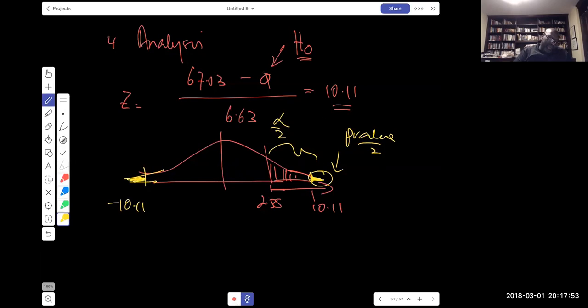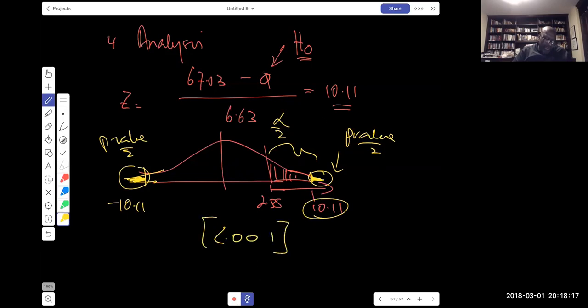So whenever it's a two-tailed test, we must take this area multiplied by 2. We know that the area associated with this in our tables, the best we could find is less than 0.001. Which means our p-value will be twice that.